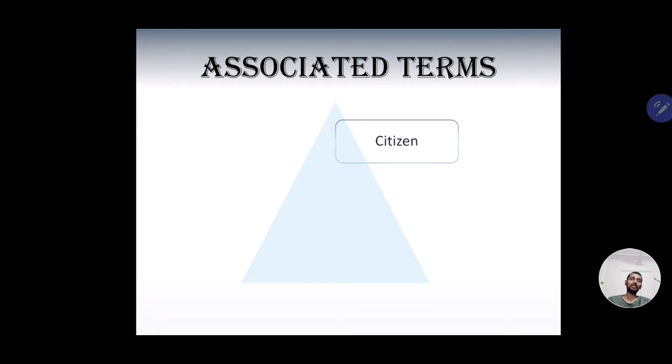So for that reason, a country designates certain people as its citizen, and they will be given the best preferential treatment compared to someone who is a foreigner or someone who is an enemy to the country.